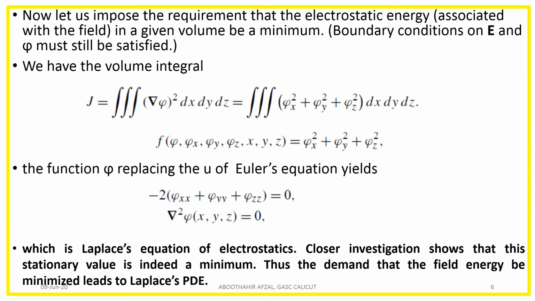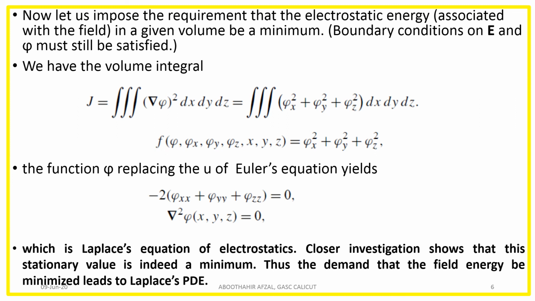The magnitude of a vector is the root of ax squared plus ay squared plus az squared. The root and the square cancel out, so that becomes phi_x squared plus phi_y squared plus phi_z squared, dx dy dz. Therefore, comparing the expression for J with the general expression J equal to the integral of f of u, u_x, u_y, u_z, x, y, z, we get the value of f as phi_x squared plus phi_y squared plus phi_z squared.